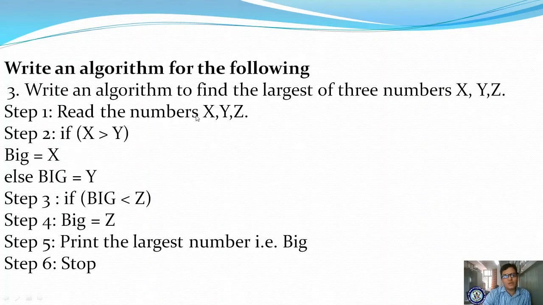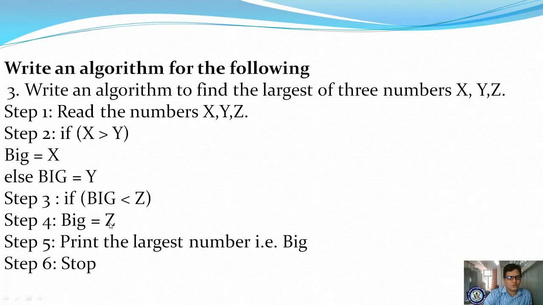For example, let us observe here. I am giving 10, 20, 30. So 10 greater than 20? No, false. It will come to the else block. In big, which value is stored now? 20. Once again, I am writing one more if condition: 20 less than 30? In z it is 30, in big it is 20. 20 less than 30? True, so big becomes z.